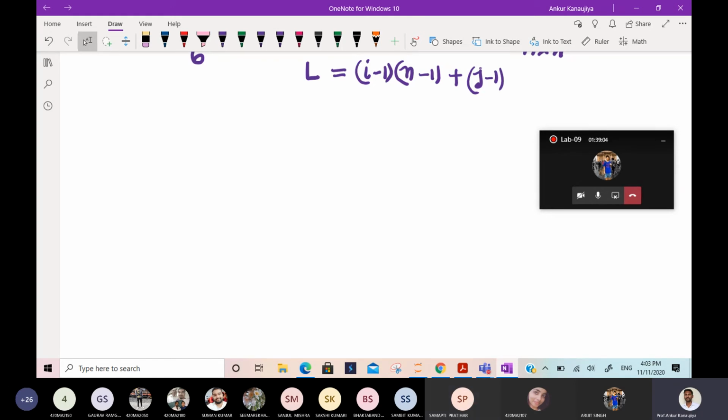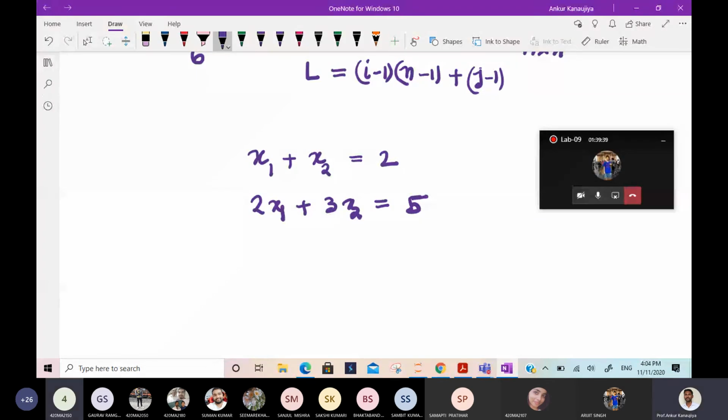For example, say I want to solve this very easy 2 cross 2 system: x1 plus x2 equal to 2, and 2 times x1 plus 3 times x2 equal to 5. Can anyone tell what the solution is? 1, 1.